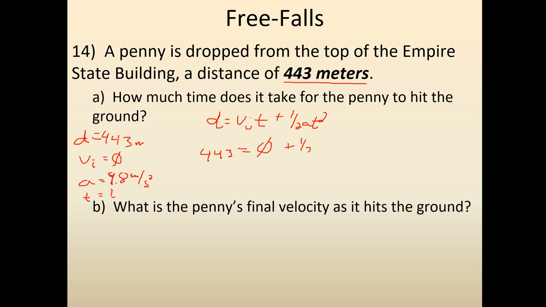You're going to see this happen a lot. I know I wrote 9.8, but I'm actually going to round it to 10 right now. t squared. So solving all this, we end up getting that the time is going to be 9.4 seconds.